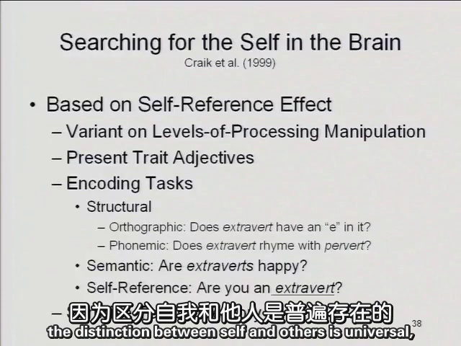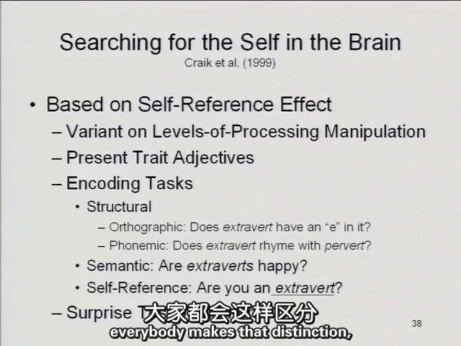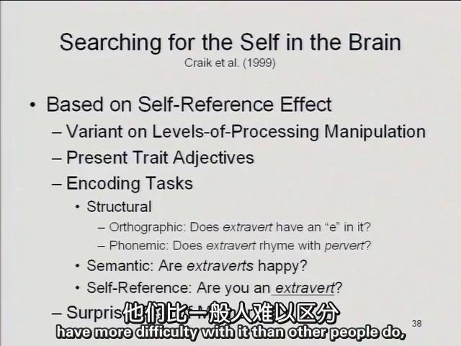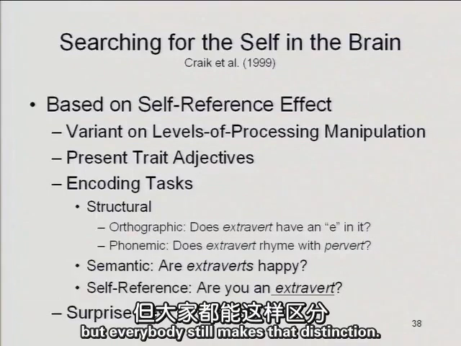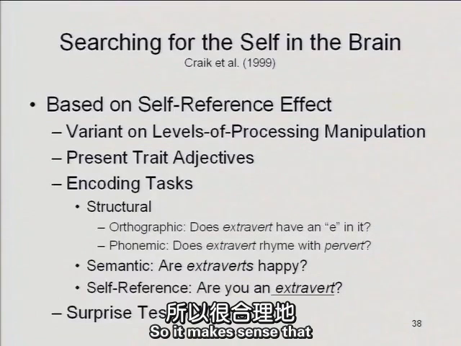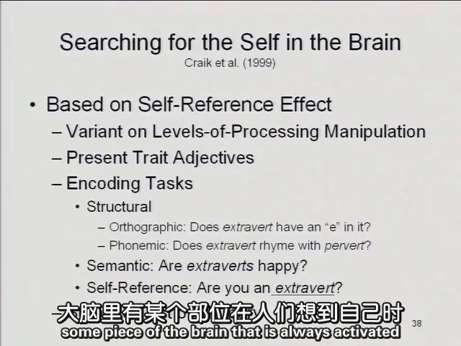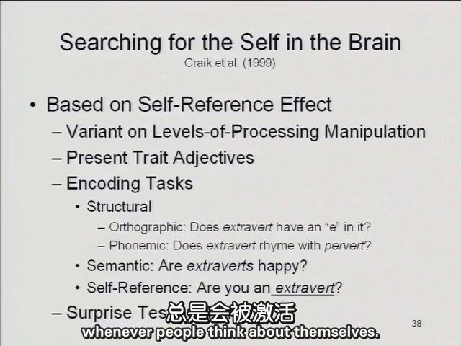The distinction between self and others is universal. Everybody makes that distinction. People with borderline personality disorder have more difficulty with it than other people do, but everybody still makes that distinction. So it makes sense that we might be able to find a module in the brain, some piece of the brain that is always activated whenever people think about themselves.